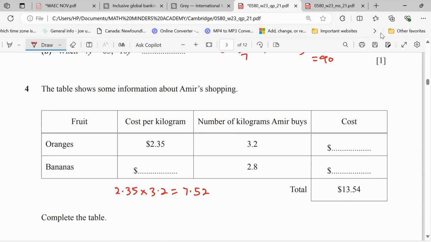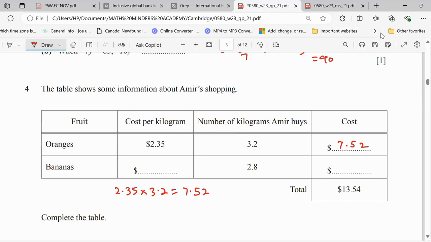So we'll write it here, 7.52. Now, the next here, before we get the cost per kilogram for bananas, let's go back here. If the total cost of both oranges and bananas is 13.54, then we can get the total cost for bananas.